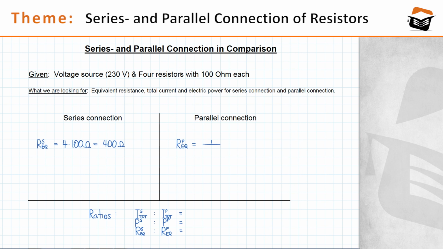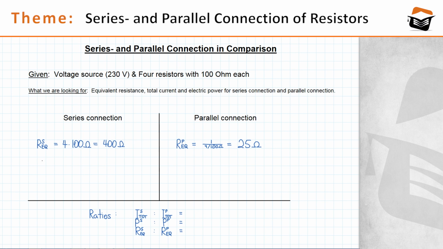And in our case, since we have 4 resistors connected in parallel, the equation is going to be 100 ohms divided by 4, and that is equal to 25 ohms. As you can see, there is a big difference between the equivalent resistance in a series connection and a parallel connection of 4 resistors, each one having 100 ohms.